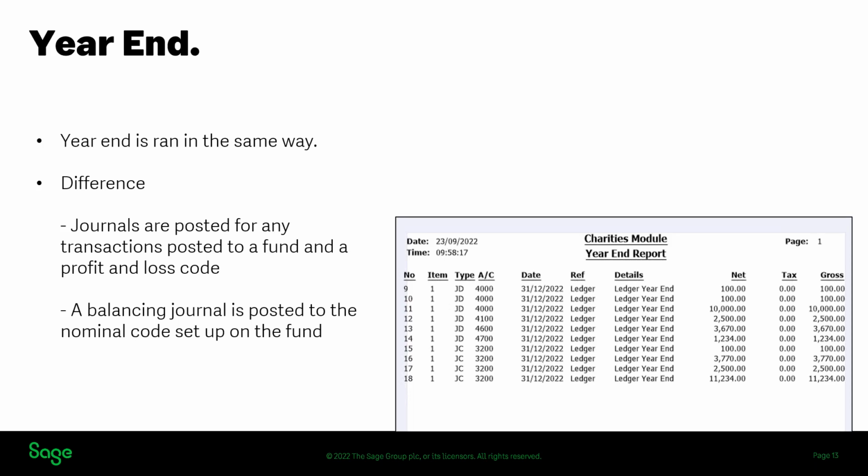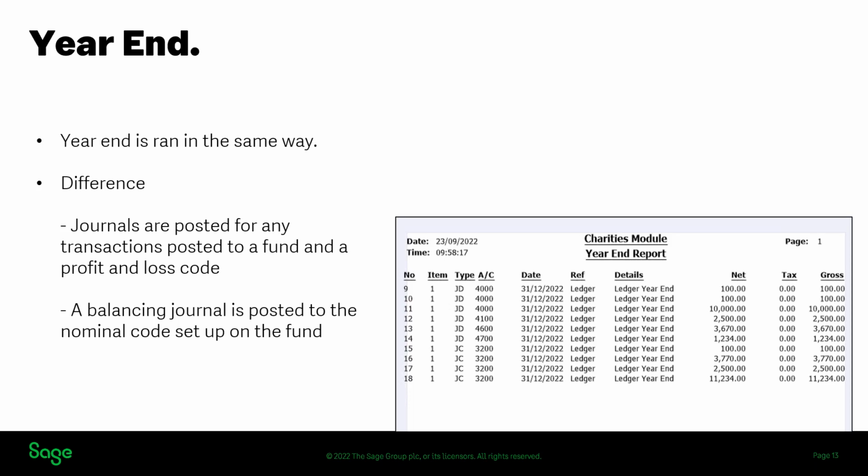So when you're running a charities enabled year end, then you're going to find more journals are actually posted. So in addition to balances that aren't associated with funds being cleared down, it will also look at the individual fund values as well, and it will post additional journals.